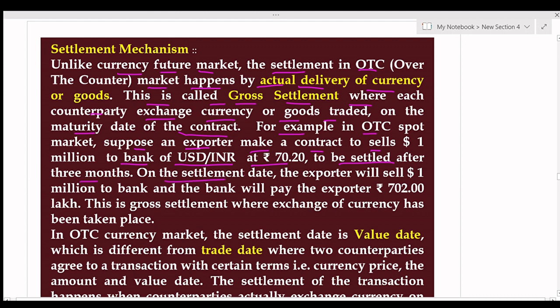On the settlement date, the exporter will sell $1 million to the bank and the bank will pay the exporter rupees 702 lakhs. This is a gross settlement where exchange of currency has taken place.